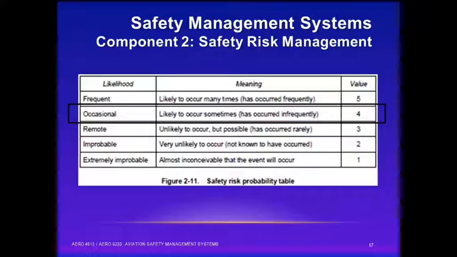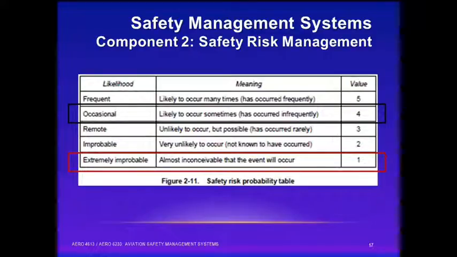Previously, we determined that we would occasionally have excursions from the runway if we did not plow it. After plowing, though, the likelihood of a runway excursion due to snow on the runway is really either improbable or extremely improbable. For the sake of our illustration, let's call it extremely improbable, since we have removed the snow from the runway. So we've removed the hazard.